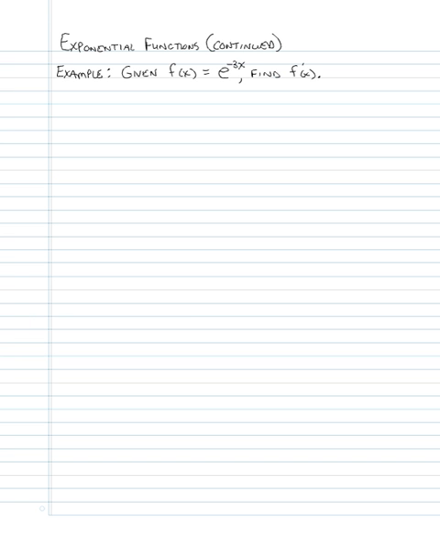You can see our first example is that we have a function f of x equal to e to the negative 3x power, and we're to find f prime of x. Now, I'm going to write down a couple of notes before we do this, and I'm going to remind you of the chain rule version.